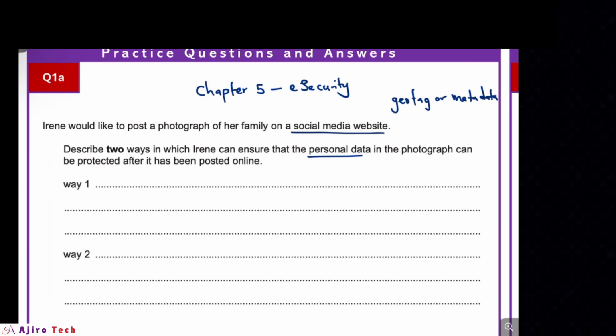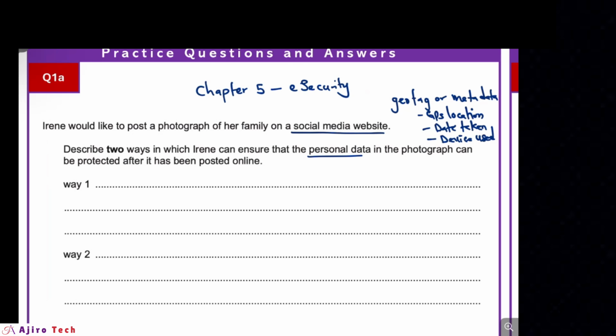Anytime you take a picture, when you go to your photos, it gives you information about that picture. It contains things like GPS location, the date it was taken, the device used, and so forth.